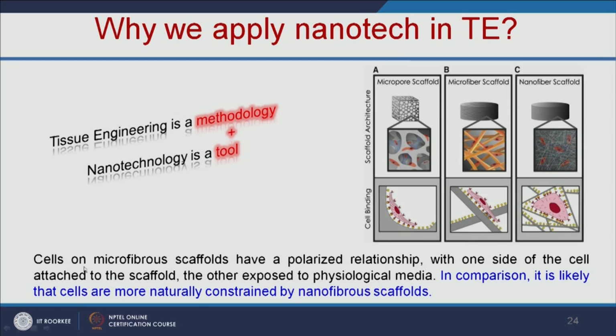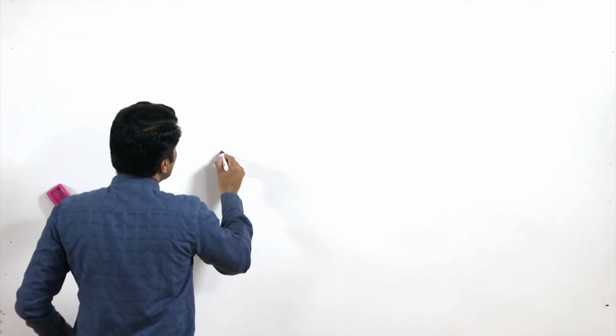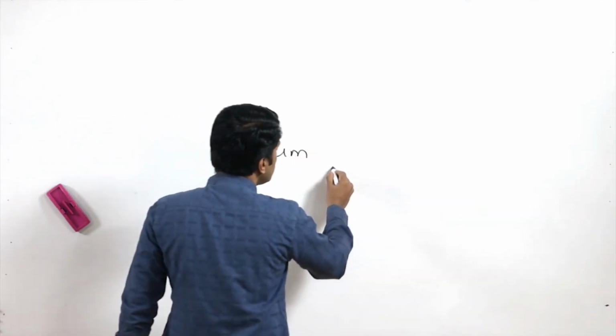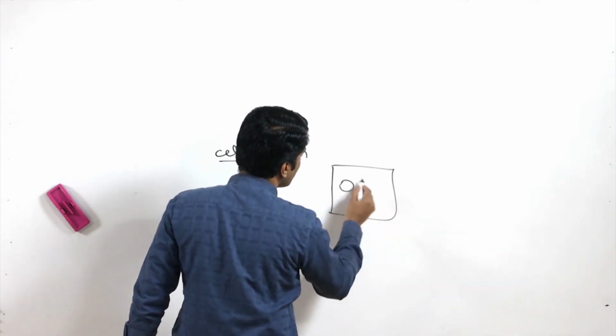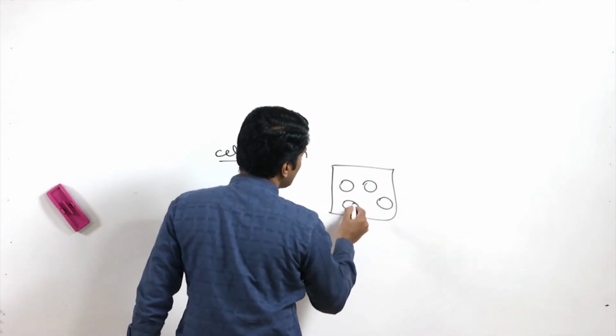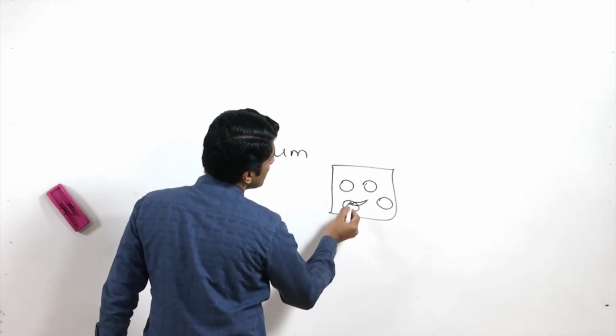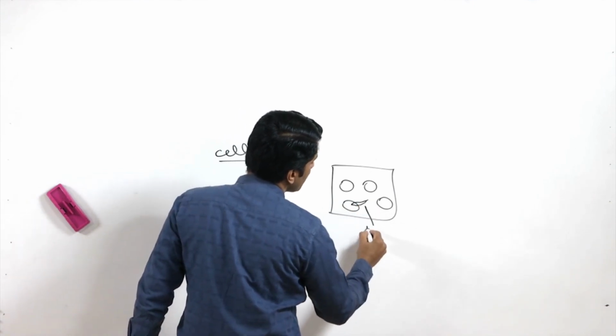So the cells on a microfibrous scaffold have a polarized relationship, with one side of the cell attached to the scaffold and the other exposed to physiological media. In comparison, it is likely that the cells are more naturally constrained by a nanofibrous scaffold. So the cell is in the micrometer size, and when you use the micropore scaffold, some cells are partially binding to the support and some are exposed to the medium.